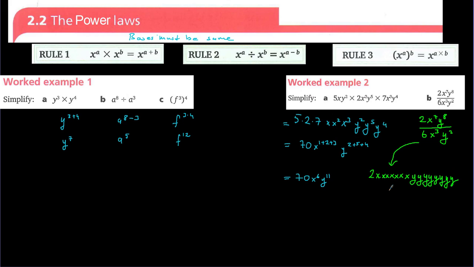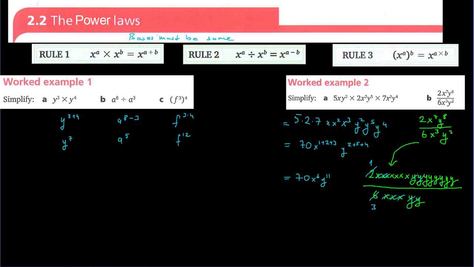I think I have written it 8 times. It's going to be equal to 6 times x times x times x, y times y. And I'm going to simplify these terms. Here, this one and this one, this one and this one, we are going to simplify. Here, the three of them we simplified. And y and y, if we simplify, and 2 and 6, if we simplify by 2, this is going to be equal to 1, and this is going to be equal to 3.